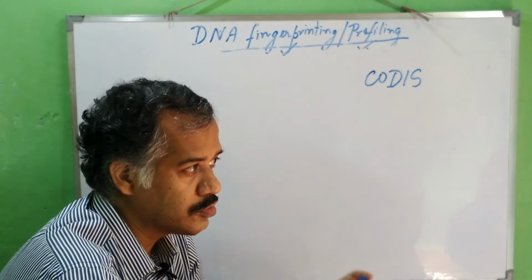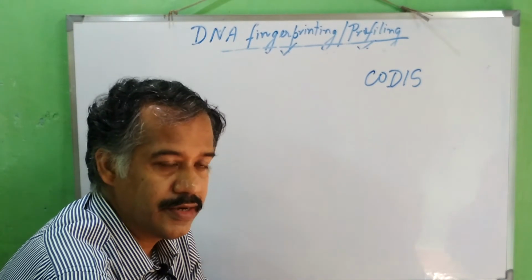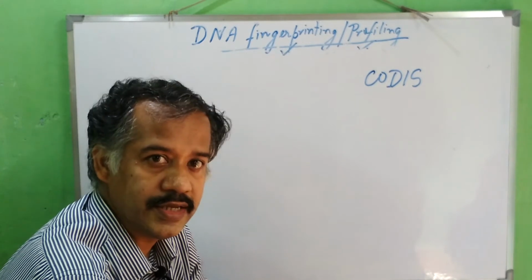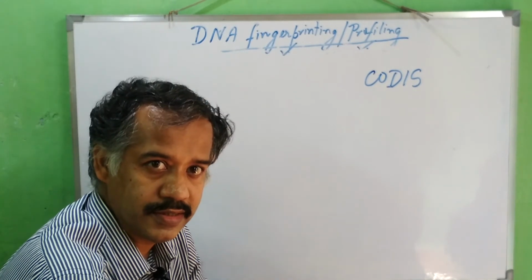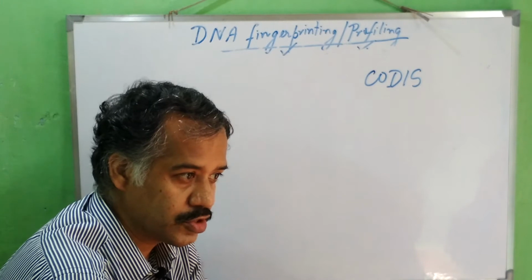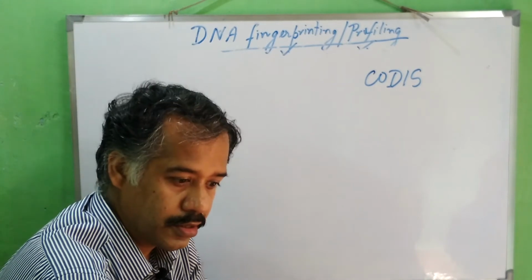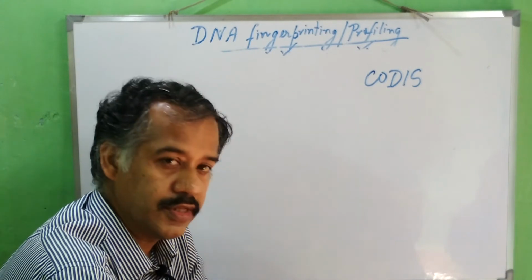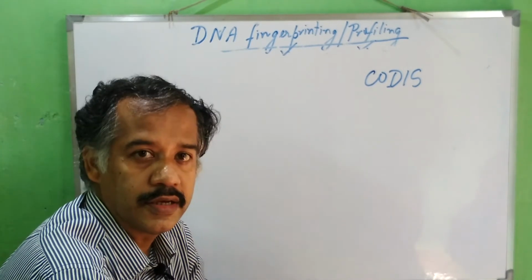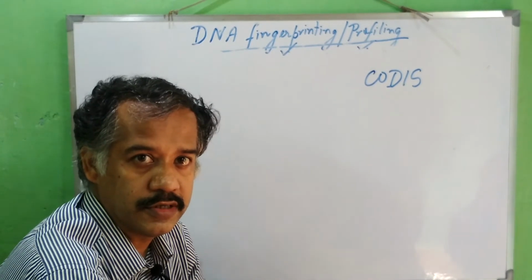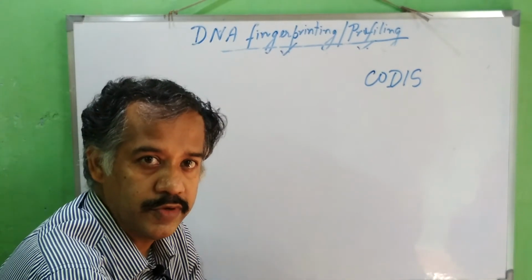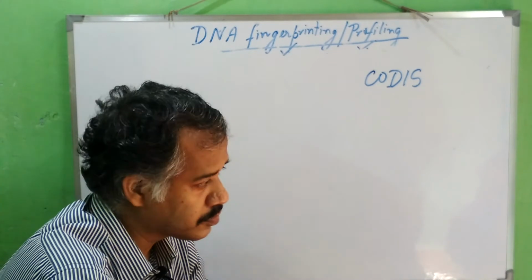And because it was Southern, the practical problem was that there could be differences in the intensity of the bands, and if that did not match properly between the DNA found from the crime site and the suspects, the case could be argued that this is not the DNA of the suspect, so people could get acquitted even if they were actually guilty.